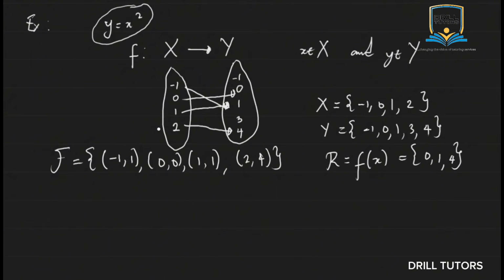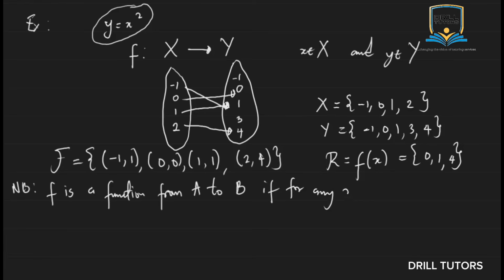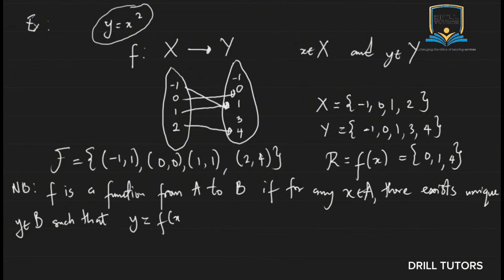Now, note this. F is said to be a function from A to B if for any x an element of A there exists a unique y an element of B such that y is equal to f of x is true.